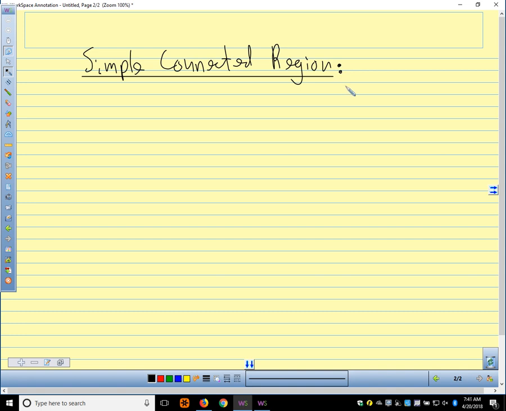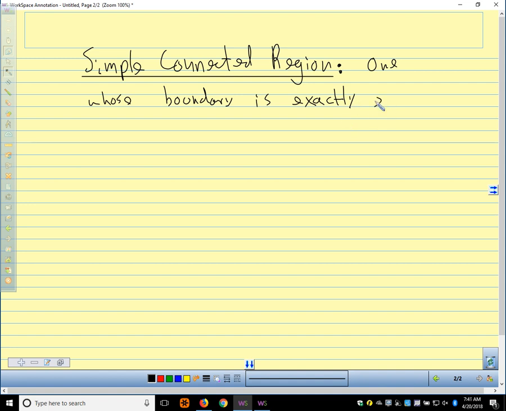Today we're going to talk about a simple connected region. A simple connected region is one whose boundary is exactly one simple closed curve.